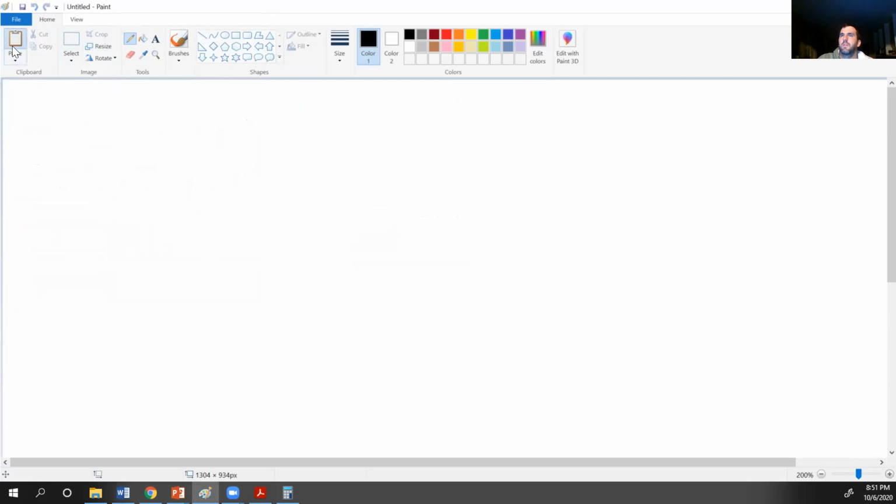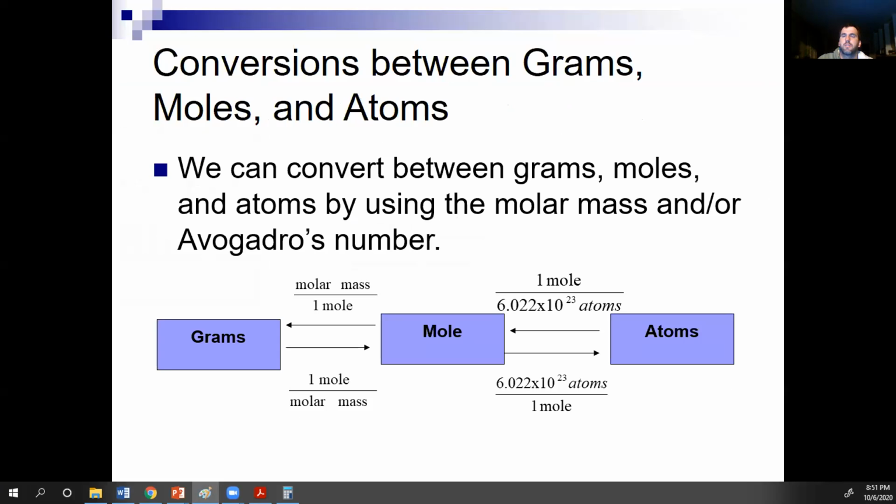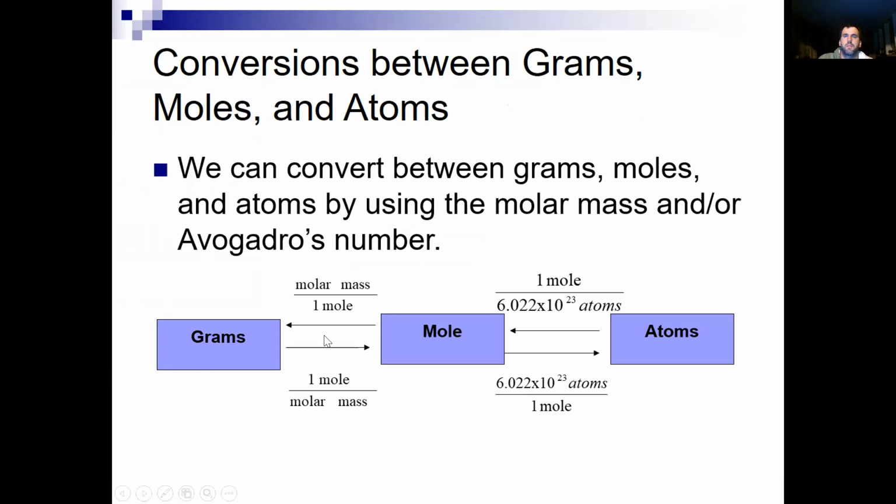Let's do another example. The next example says, how many moles are there in 6.25 times 10 to the 24th atoms of acetic acid? So I'm starting with atoms, and I want to go to moles. So I'm going to multiply by 1 mole over Avogadro's number.